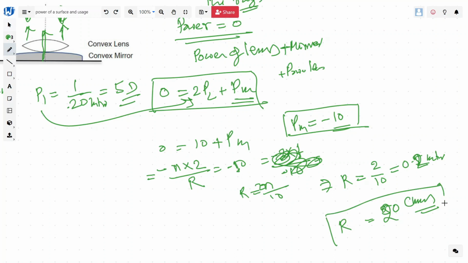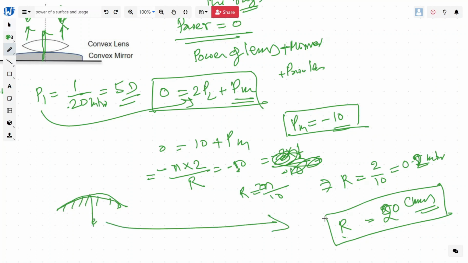Okay, so the radius of curvature in this case for the convex mirror is 20 centimeters. Okay, falling on the positive side, r is equal to 20 centimeters. So that is our answer.